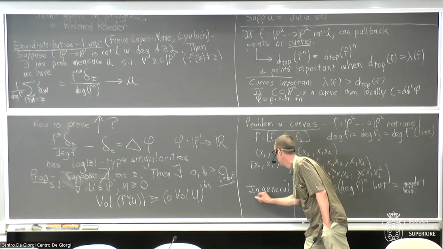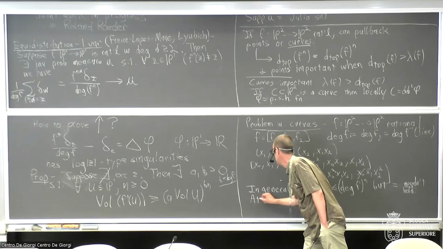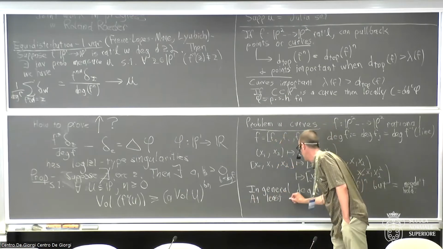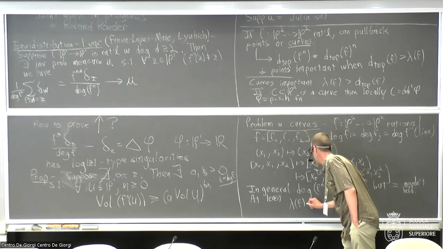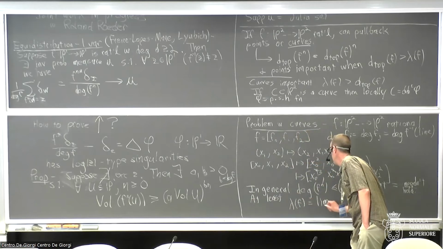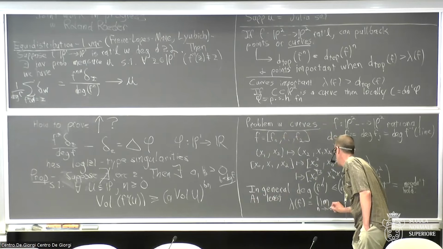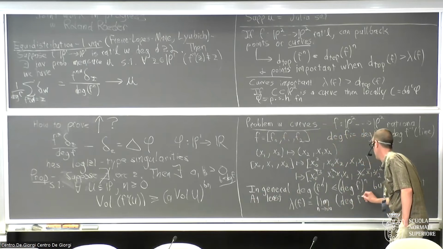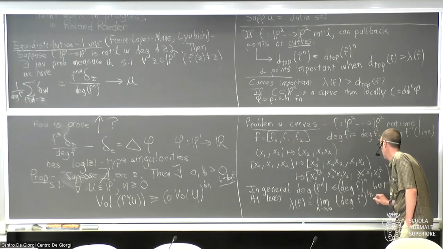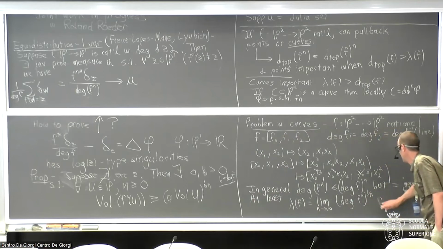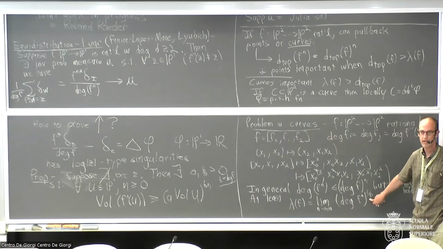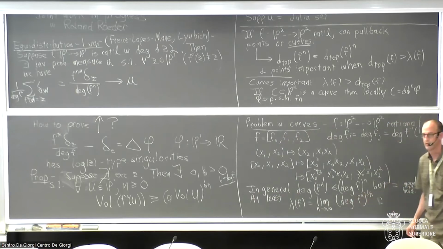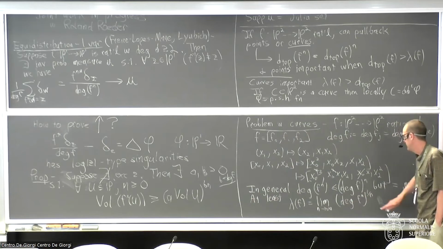However, at the very least, if you analyze this inequality just a little further, you do see that there's some asymptotic behavior. So this limit, as you let n go to infinity, of the degree of the nth iterate to the 1 over n, I should put some parentheses somewhere, but that exists.